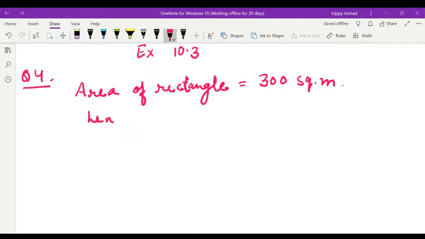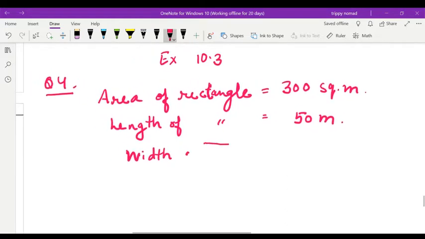Length of rectangle. What is that? 50 meter. Then width means breadth. Okay, width of garden.